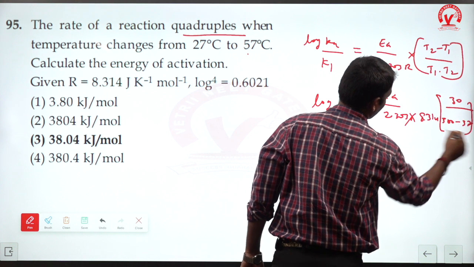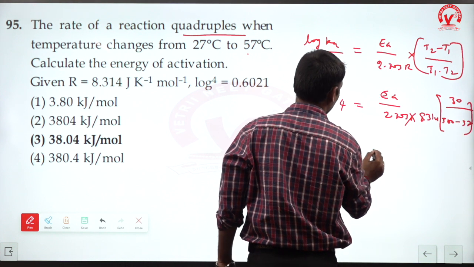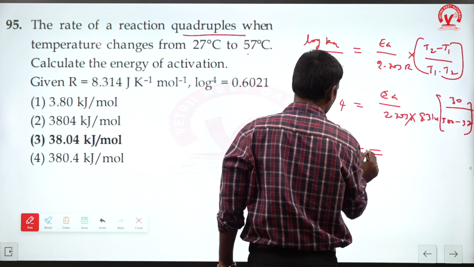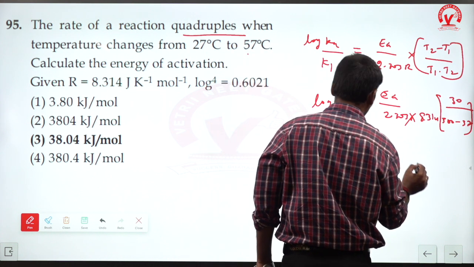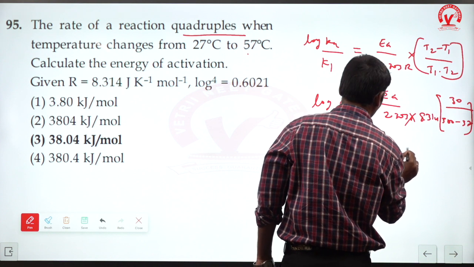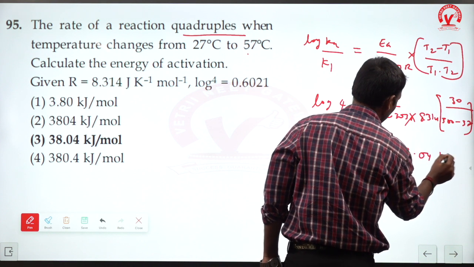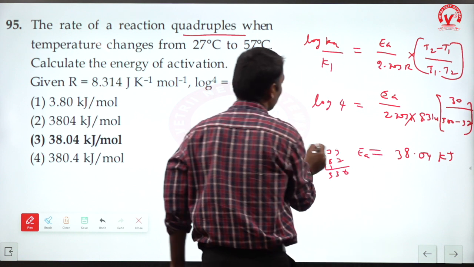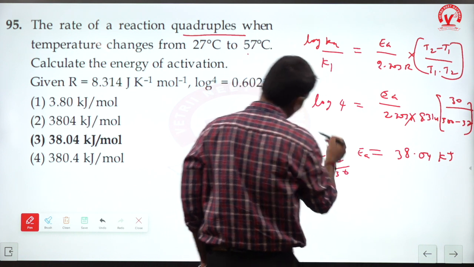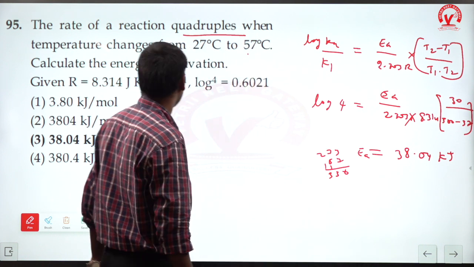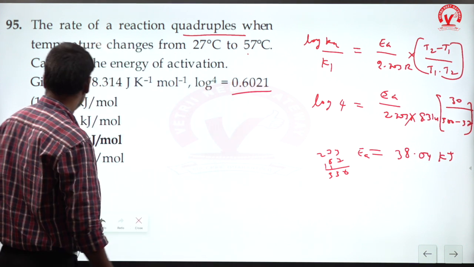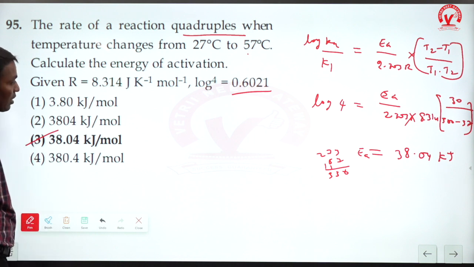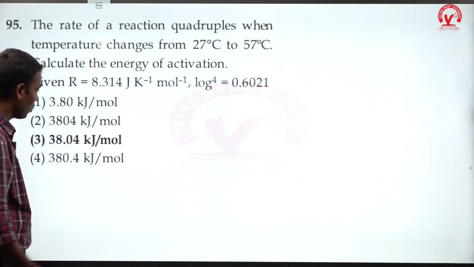So from here we can simplify this. Ea value we will get here as 38.04 kilojoules. By substituting the log 4 value, they gave here 0.6021. So option 3 is the correct answer. We will get here, right? Next, move on to the next question.